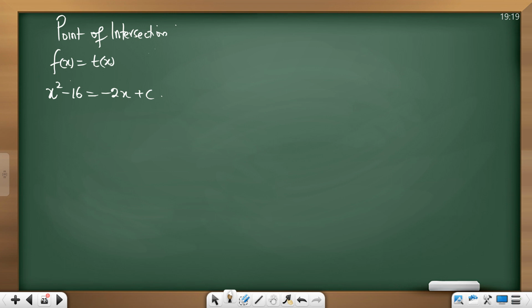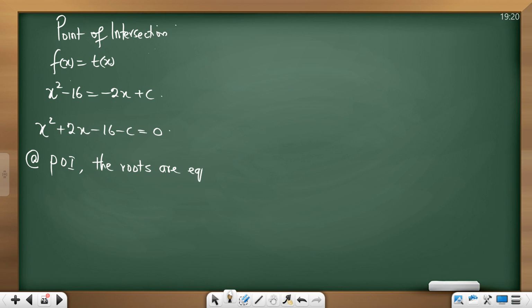Can we bring everything over to one side first? What do we have? x squared plus 2x minus 16 minus c. Please take note of this. At the point of intersection, the roots are equal. We're going back to nature of roots.